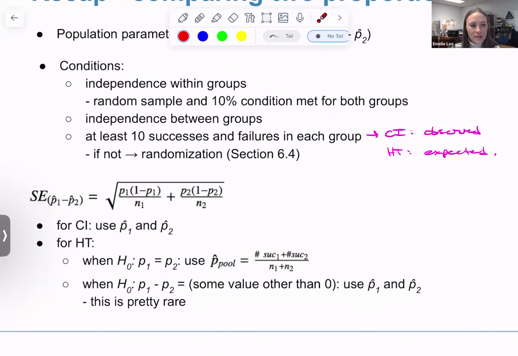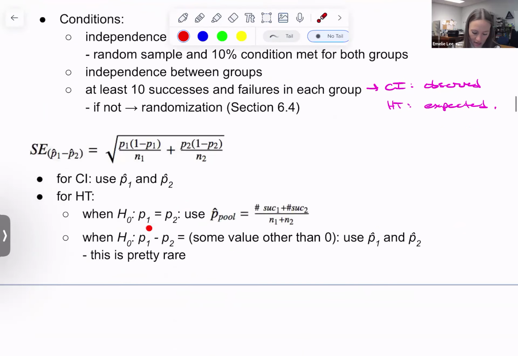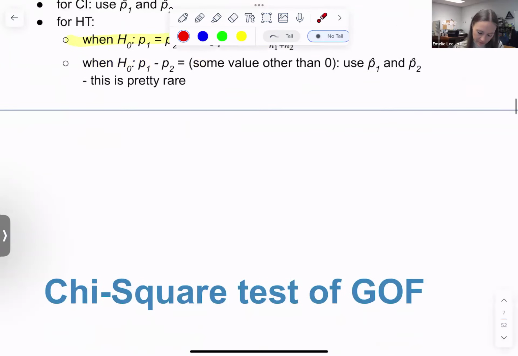And for a hypothesis test, we're only going to have this scenario. We can look at when the difference between them is something not zero, but we're not going to do that. It's very rare. So for us, we're going to use the pooled proportion for both P1 and P2. Okay.